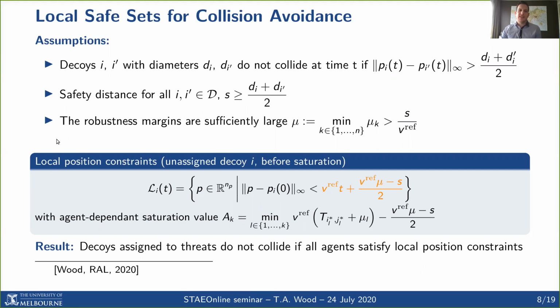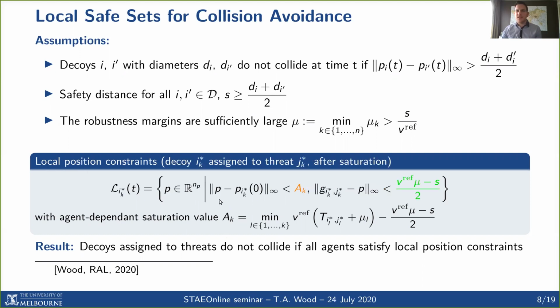So we have safe sets for every agent, and these bounds are convex. And if all the agents satisfy these conditions locally, we decouple the motion planning of all the agents when they move together, and we can guarantee that collisions do not occur.